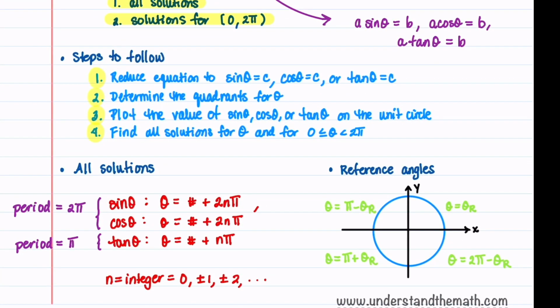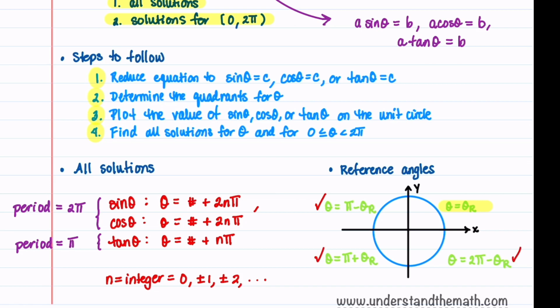When you're performing step 3 and you plot the value of sine theta, cosine theta, or tangent theta, you first need to find the reference angle in the first quadrant. And then you can find theta in the other quadrants that contain the solution. I've listed the equation for theta in all 3 of the other quadrants.